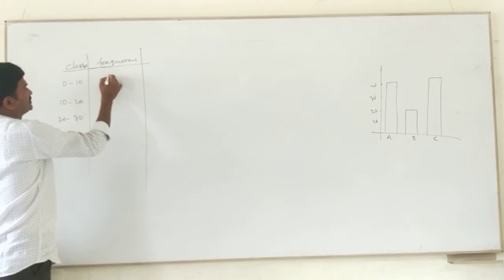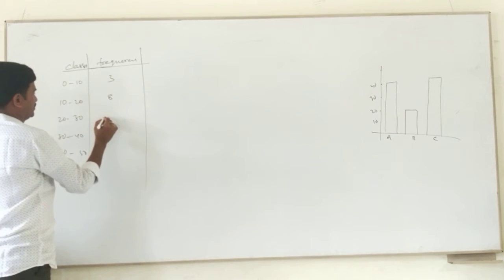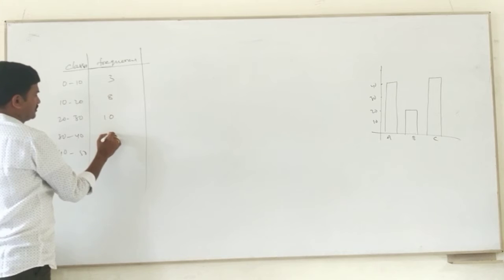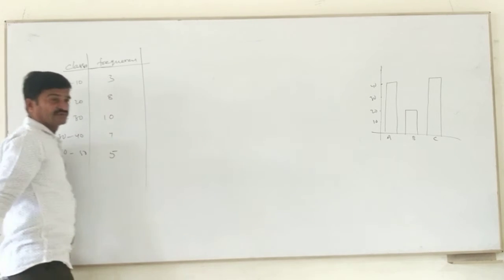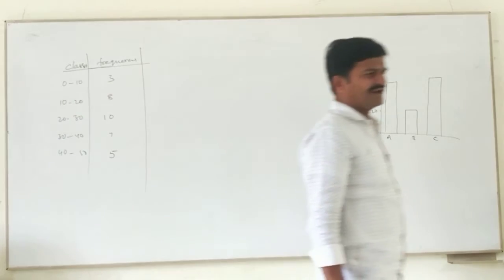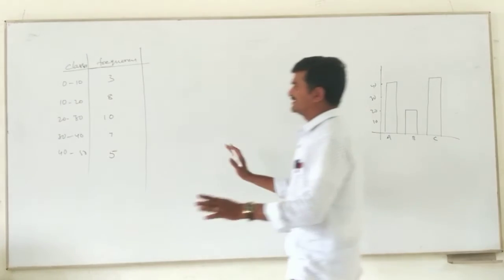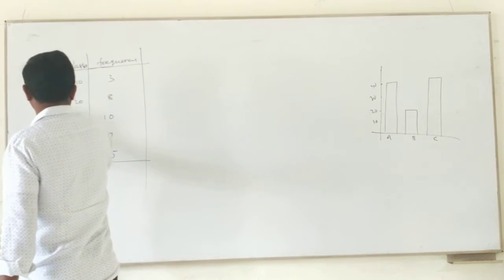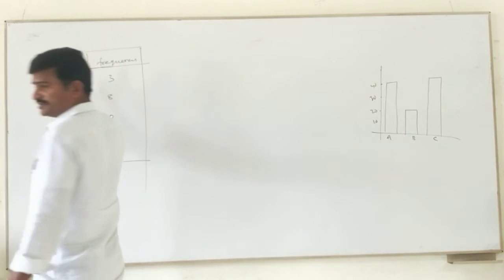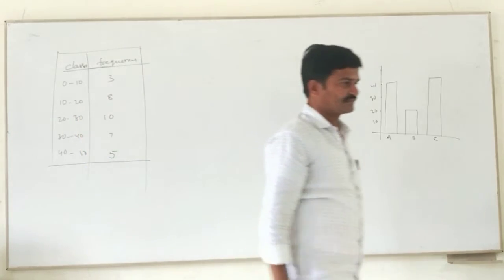These are the frequencies: 3, 8, 10, 7, 5. Let us take that this test was conducted for 50 marks, and this is the frequency distribution table.